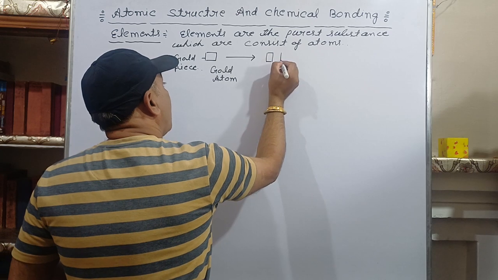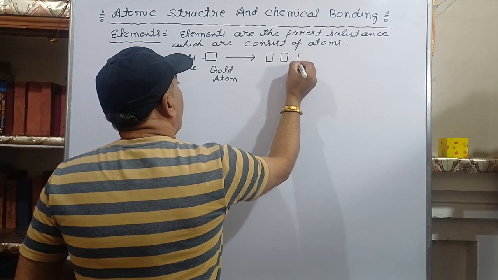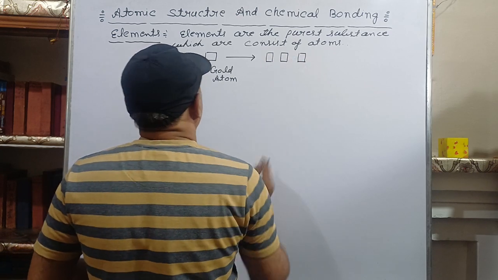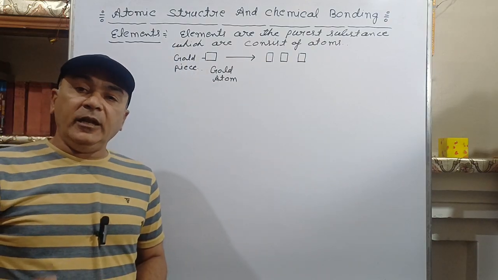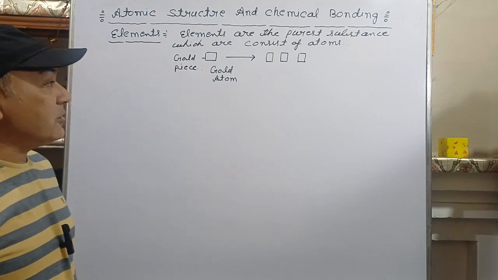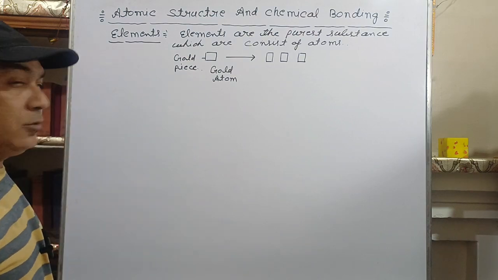The smaller parts are also gold, and gold is an element. So it is impossible to cut or divide elements into other smaller parts.